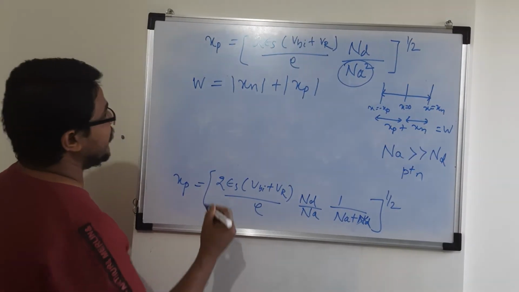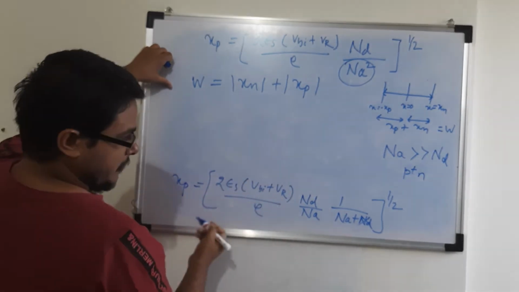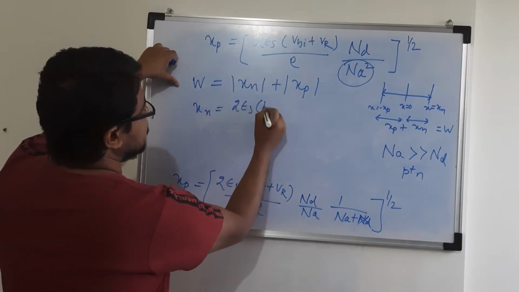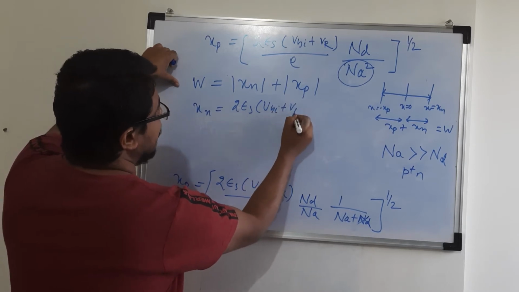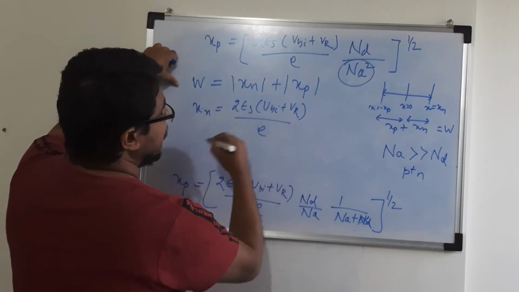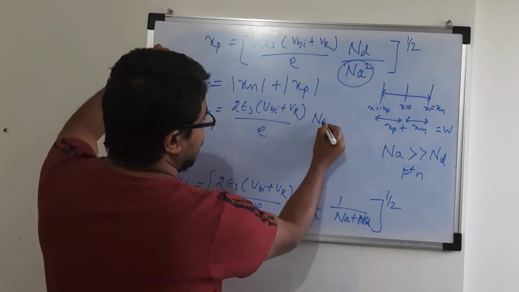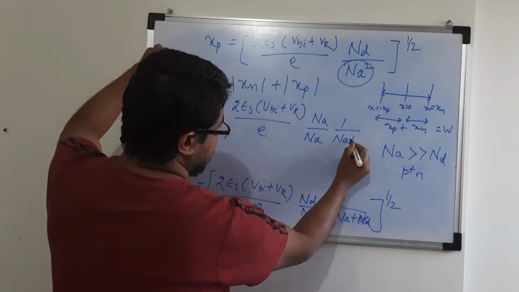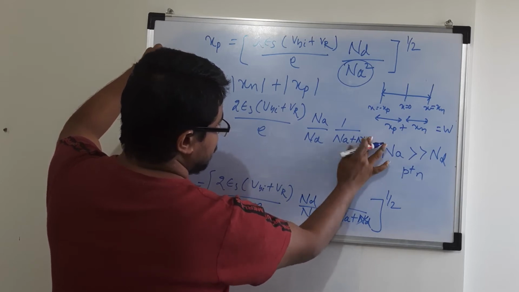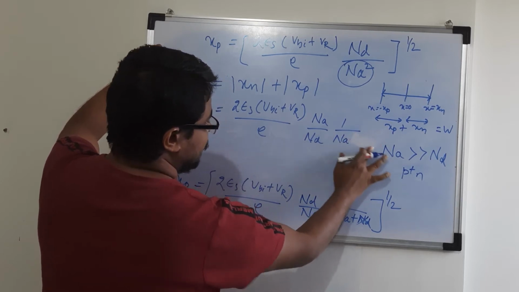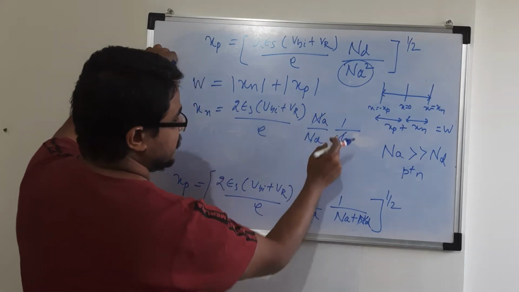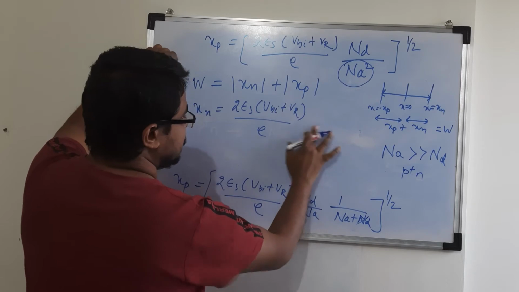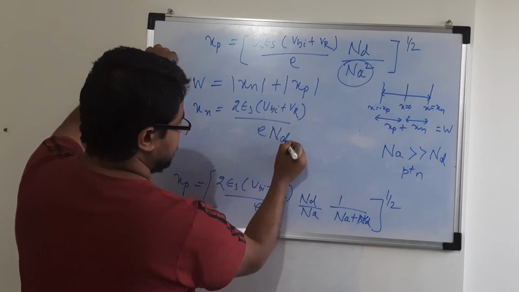And what was the xn value? I erased it. xn is equal to 2 epsilon s Vbi plus Vr divided by E, and then we had Na by Nd here, and then we had 1 by Na plus Nd. So I ignored Nd, and Na and Na got cancelled, so 1 by Nd was only there.